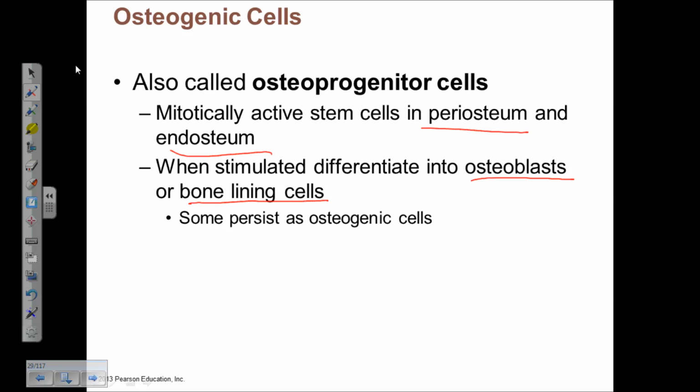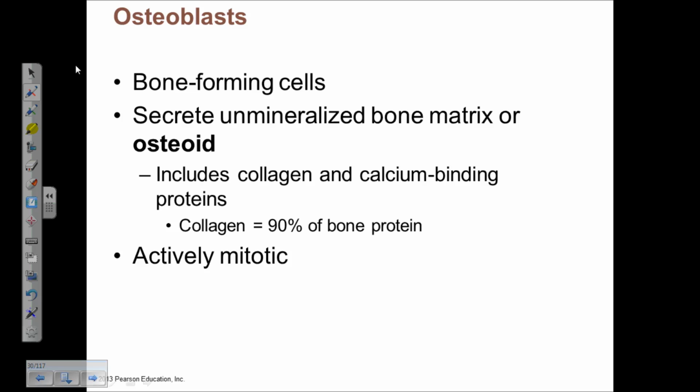Of course, not all of them differentiate. They always have a certain reserve of osteogenic cells. When osteogenic cells differentiate into osteoblasts, these osteoblasts secrete bone matrix, or so-called osteoid.